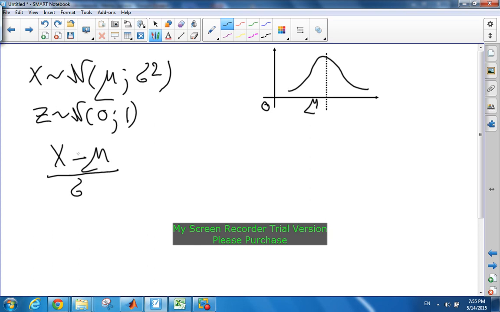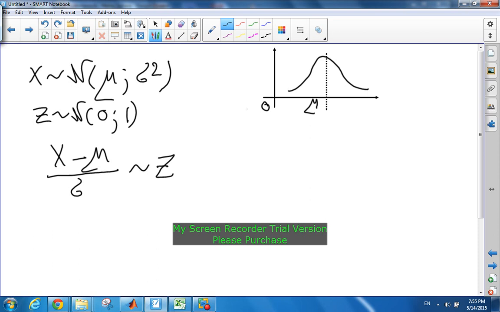So this random variable actually becomes the standard normal distribution, all right? Now, if you only have a table of the standard normal distribution for z-scores, for cumulative probabilities, you can make use of it whatever your normal distribution x is, whatever mu and sigma squared are.